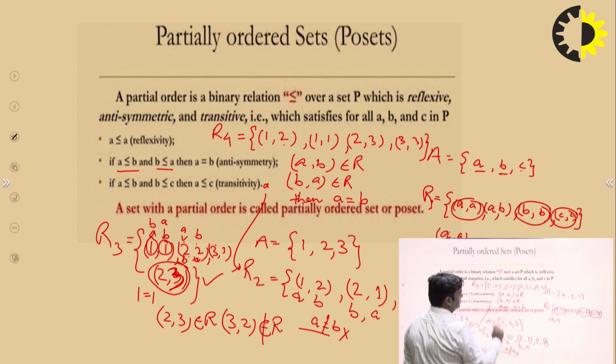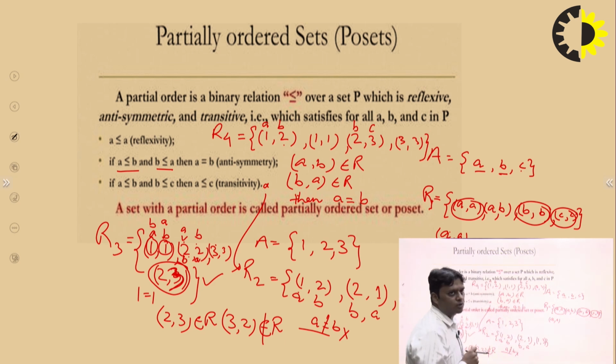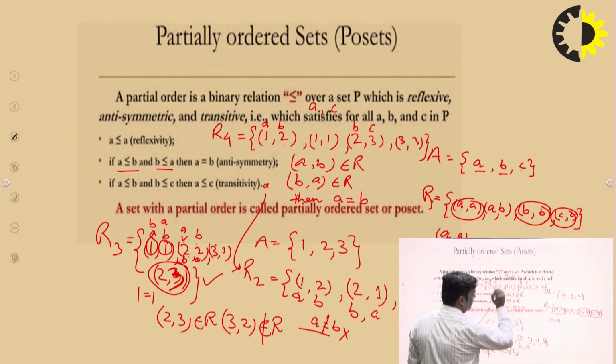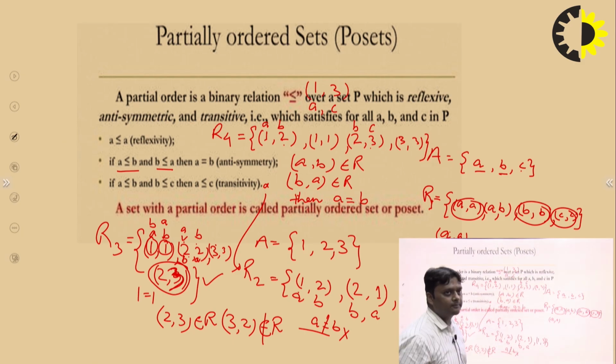(A, B) belongs to R means A is 1, B is 2, then (2, 3), (B, C) belongs to R. Here (A, C) should be there, means if A is 1, B is 2 and C is 3, then (1, 3) should be there in the relation.